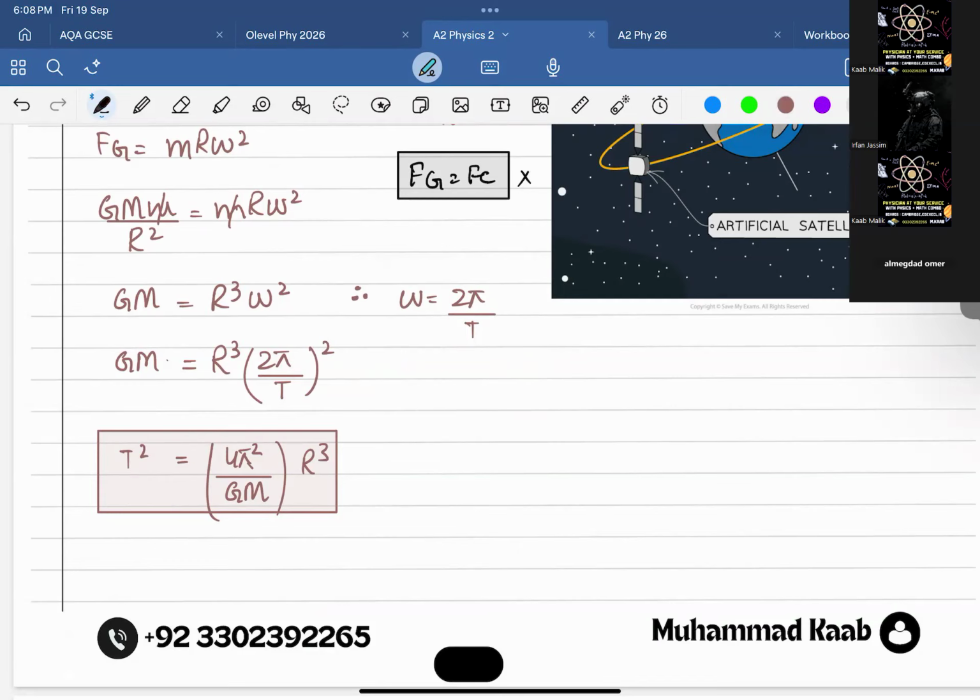If you try to make the graph for it, let's say we have T squared and r cubed, the graph will be a straight line passing through the origin, where the gradient gives you 4 pi squared over GM.